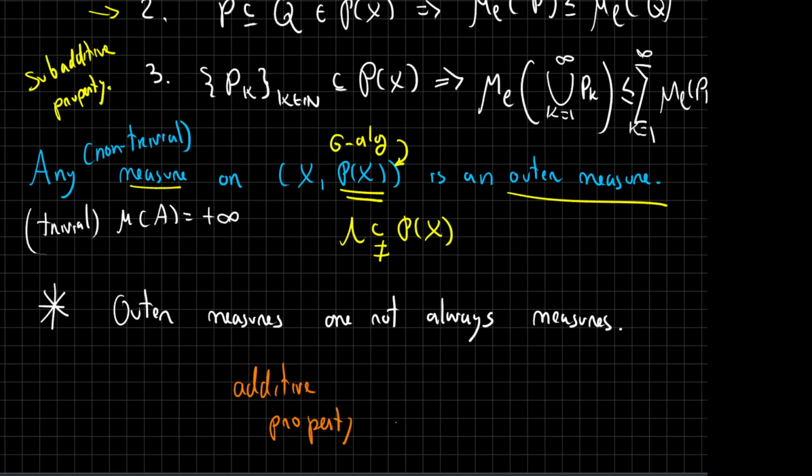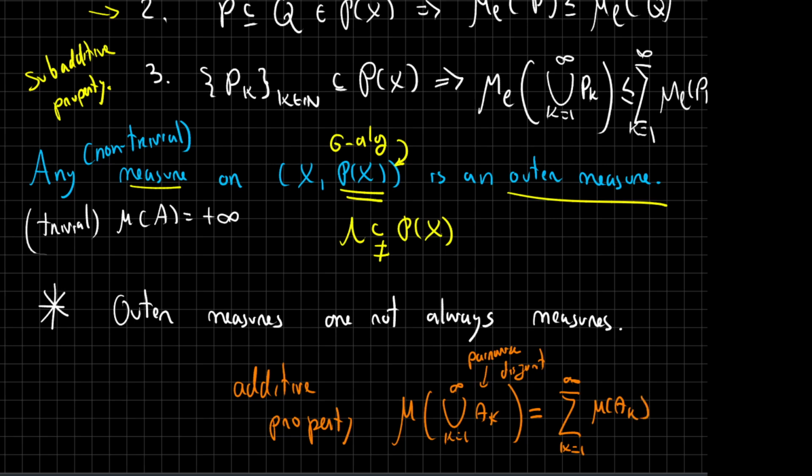The additive property tells us that the value of the measure of the union, if you recall, of pairwise disjoint sets, was equal to the value of this series, which may or may not converge, but in general we have that equality.